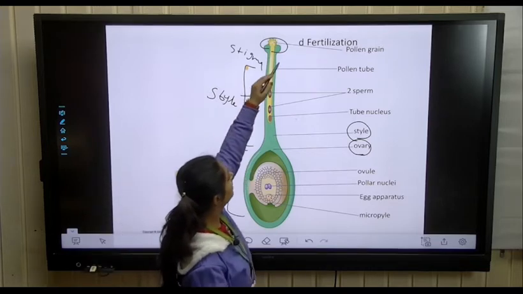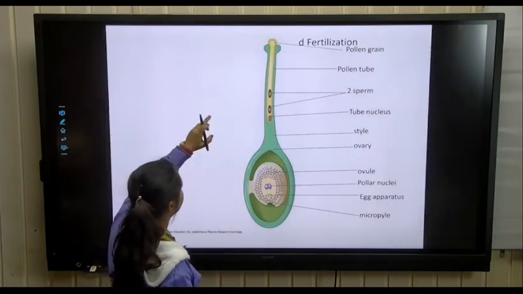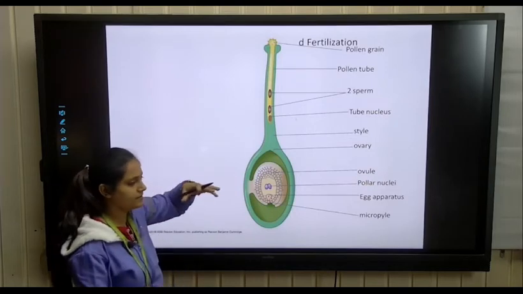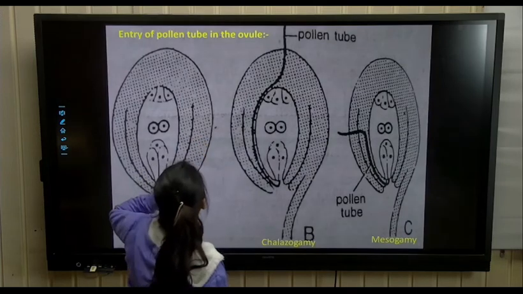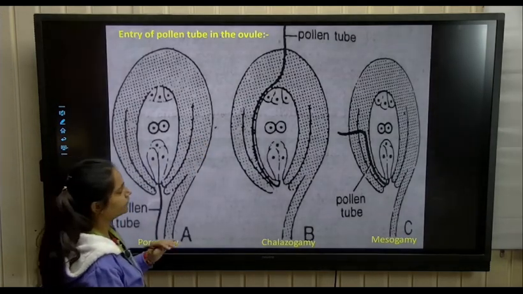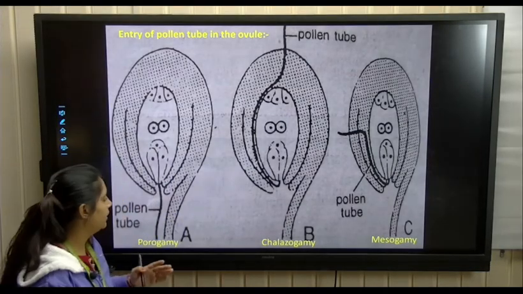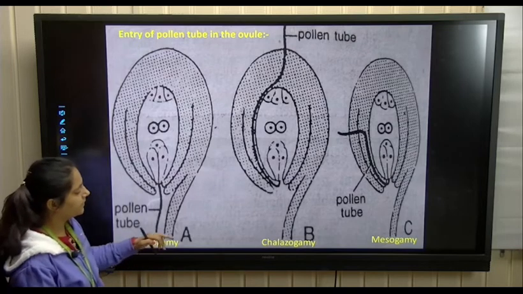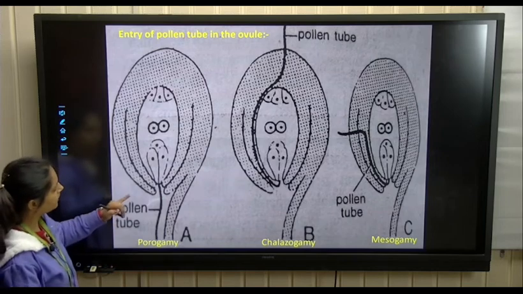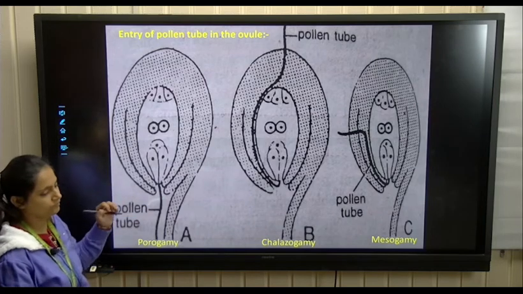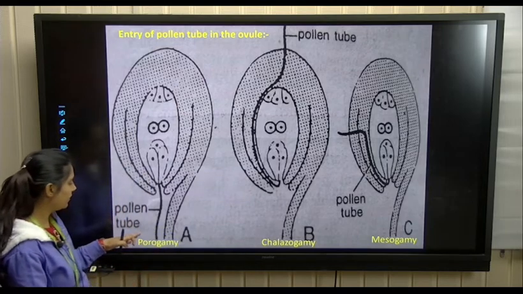This pollen tube enters inside the ovary through the style, and filiform apparatus provides the guidance direction to the entering pollen tube. So entry of pollen tube can be of 3 types depending on from where it is entering inside the ovule. First is porogamy, then second is chalazogamy, and third is mesogamy. Porogamy is what? The entering of pollen tube through the micropyle end of the ovule is known as porogamy.